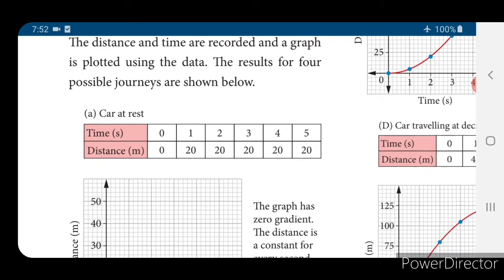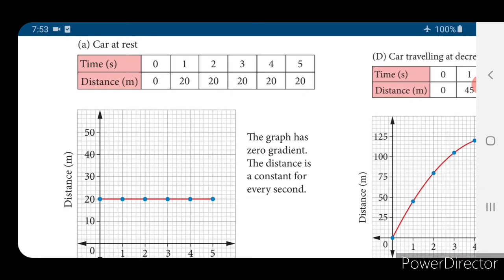First, the car is at rest, that means before starting. If you see this picture, this is a graph. I think everybody knows about it. Here the length and breadth of each box is 1 centimeter.